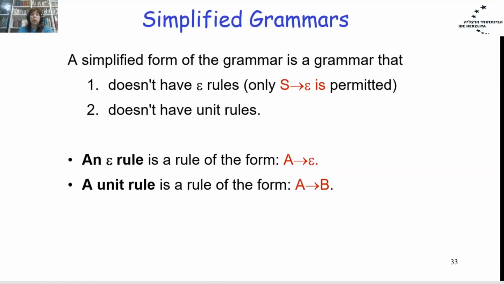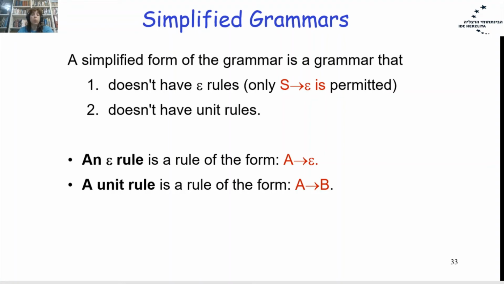Let's talk about how we can simplify grammars. A simplified form of the grammar is a grammar that doesn't have empty production rules, only S derives an empty word is permitted, and does not have unit rules. An epsilon rule is a rule of the form some variable A derives an empty word.